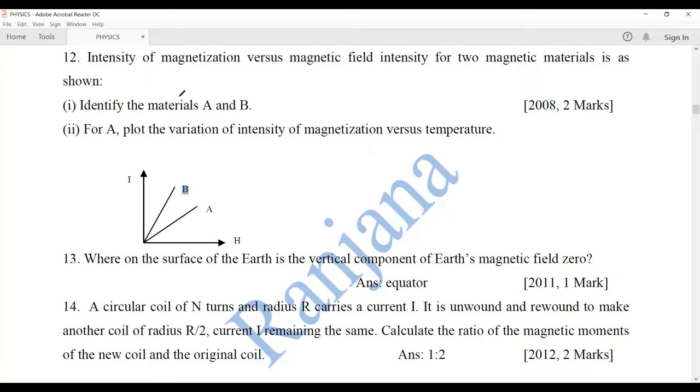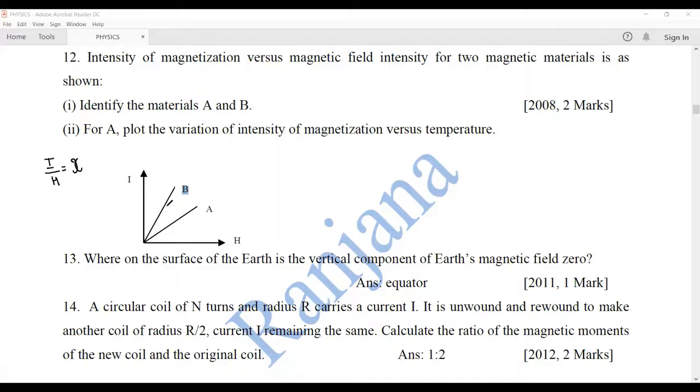Question number 12. Intensity of magnetization versus the magnetic field intensity for two magnetic materials is as shown. Identify the materials A and B. We know that the ratio of intensity of magnetization to the magnetizing field is the susceptibility. And the susceptibility for a diamagnetic substance is a small negative value.